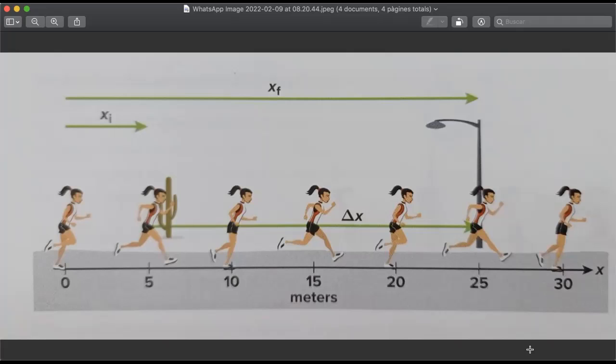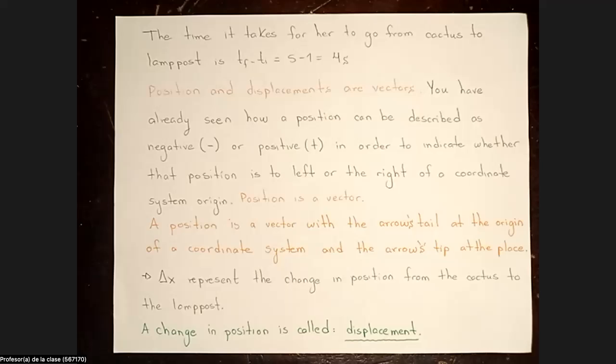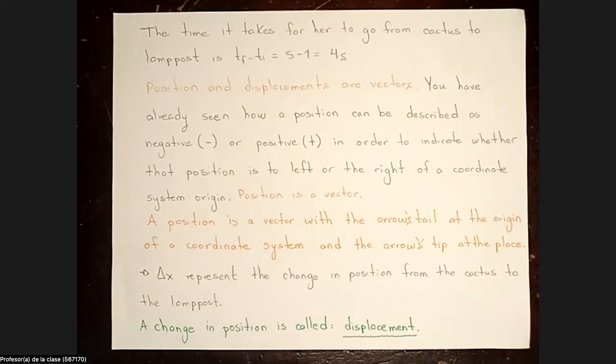Because my initial position is 0, the origin. But in this case, the initial position is the cactus and the final position is the lamppost. So the change in position between these 2 points in space will be delta x. And a change in position is called displacement. Okay? It's called displacement.